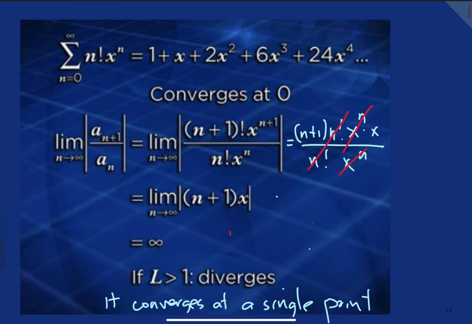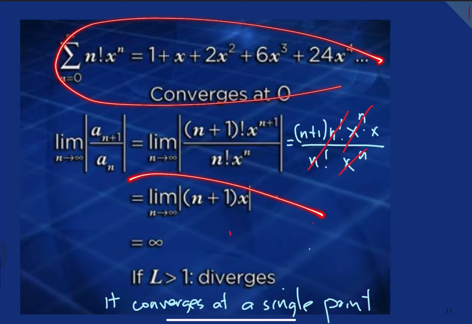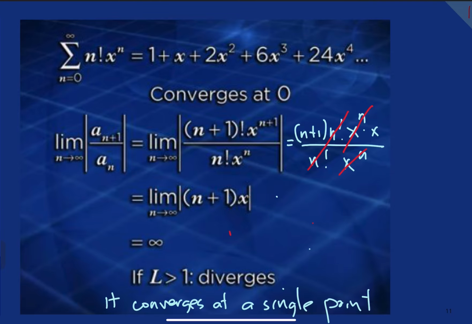Except, of course, at x equal to 0. What did we say a while ago? It collapses to 1 at x equal to 0, so it converges at x equal to 0. But in general, this is getting bigger and bigger. It's growing. So where does it converge?